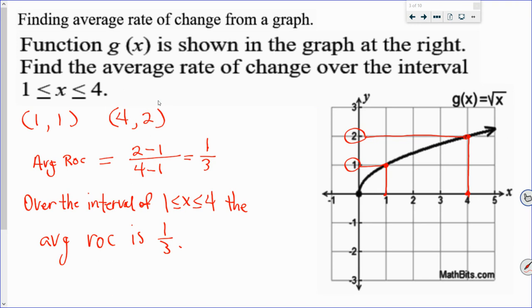So whether I'm looking at a graph or a table, finding it's pretty easy. The interval tells me which 2 points to use. If I have 2 points, I can find the rate of change. Delta y over delta x, subtract the y's over subtracting the x's.